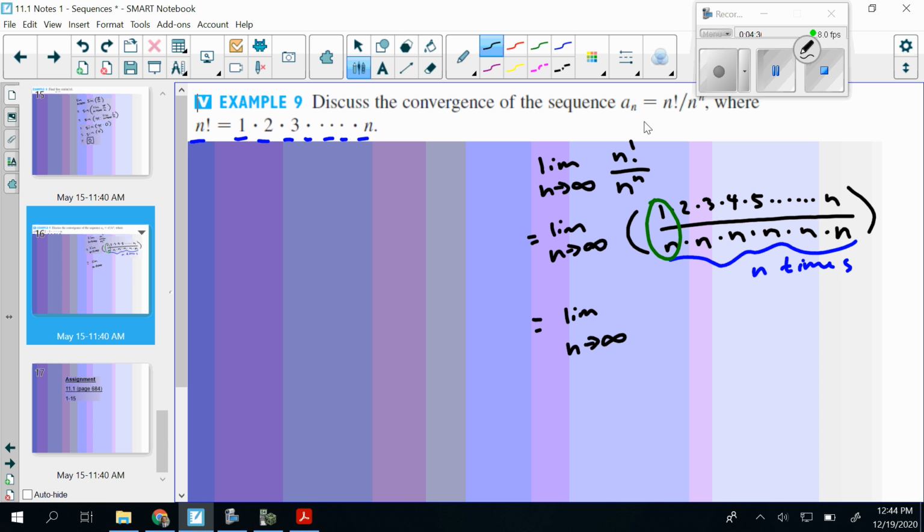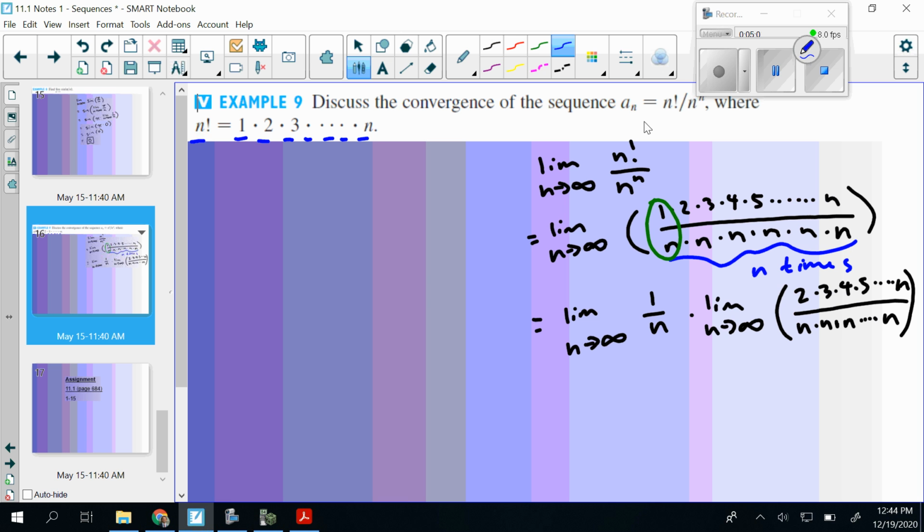This would be the same as the limit of 1 over n times another limit, as n goes to infinity of the rest of this: 2 times 3 times 4 times 5 all the way to n. And on bottom, if I took one of those n's out, I still have all these n's being multiplied together, now n minus 1 of them. So what does this equal?